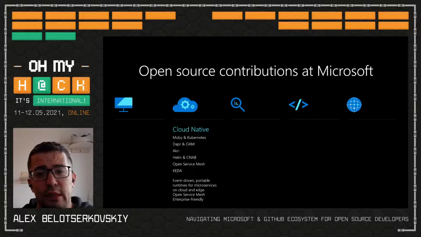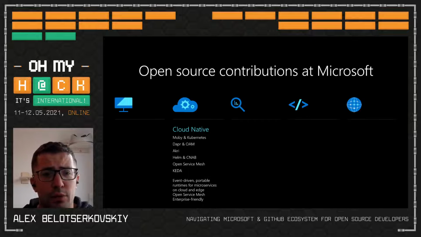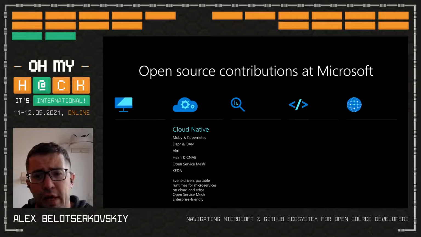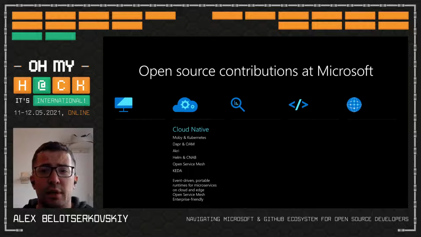So if you see something like Dapr, which is an event-driven portable runtime for microservices, or the Open Application Model, or Akri, which is Kubernetes for the edge, or Open Service Mesh, it's something that we found good to use for ourselves, but we also identified that it will be helpful for enterprises.